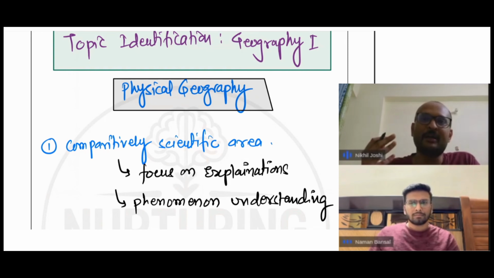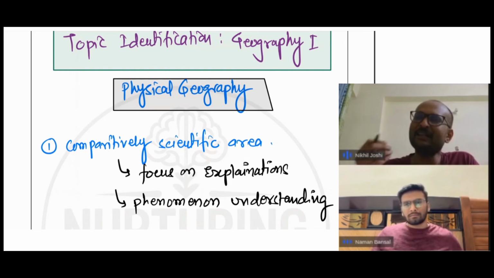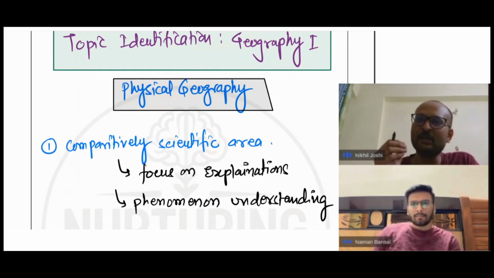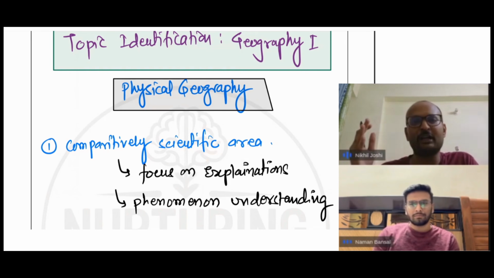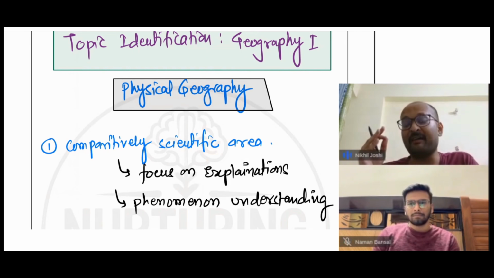If they ask about something a bit scientific, there is a good chance that half of the candidates won't be able to draw a diagram for it, or they will miss out on the locational aspects, or on the application of the said physical aspect with respect to human geography. So in these 3-4 pillars we can draw differentiability, and this is what drives us towards scoring very high marks.